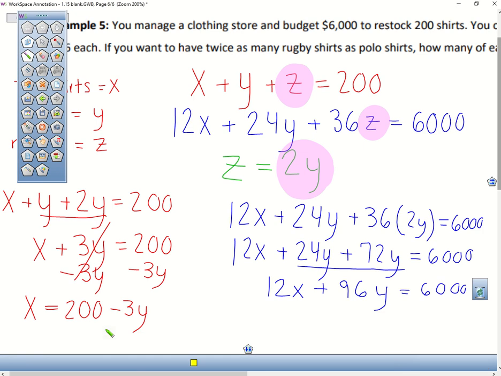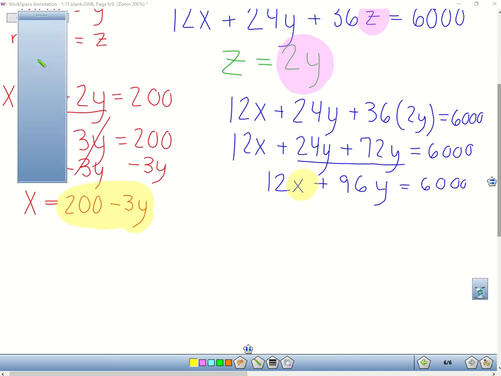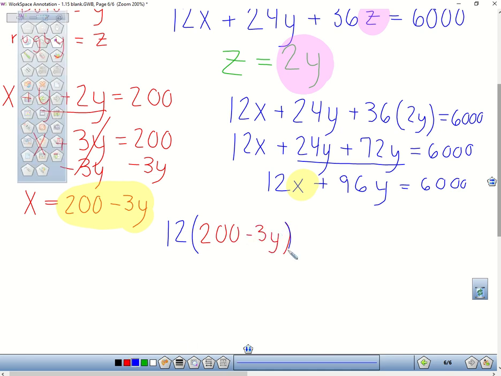So now I see that my other equation has an x right here, and I know x is equal to 200 minus 3y. So I'm going to use substitution here. So that's going to leave me with 12 times 200 minus 3y plus 96y equals 6,000.